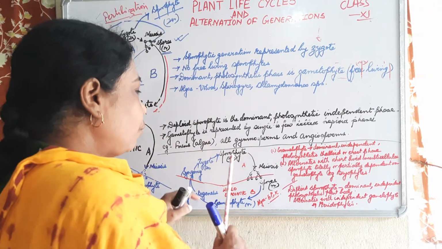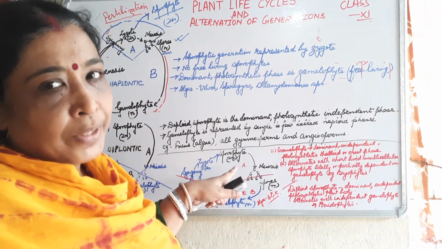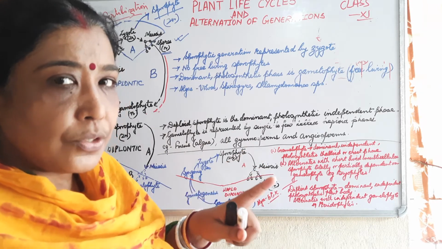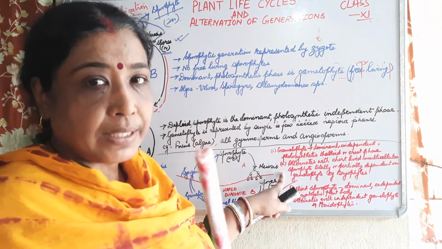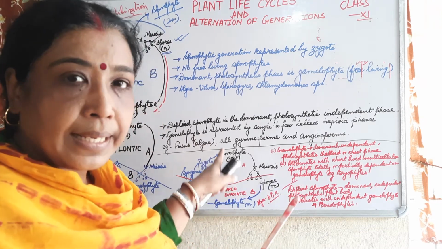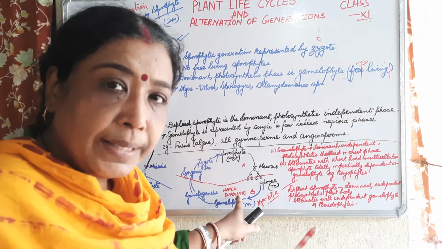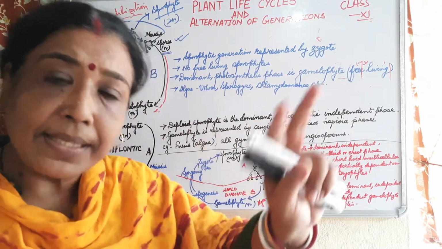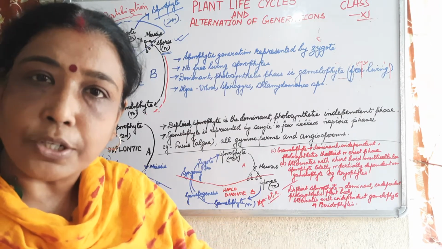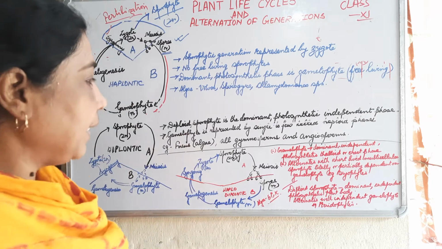Okay, so over here again the basic thing will remain the same, children. Two things you need to remember. Gymnosperms and angiosperms show diplontic, haplodiplontic in bryophytes and pteridophytes, but there is some basic difference between bryophytes and pteridophytes also. That marked difference you need to study.